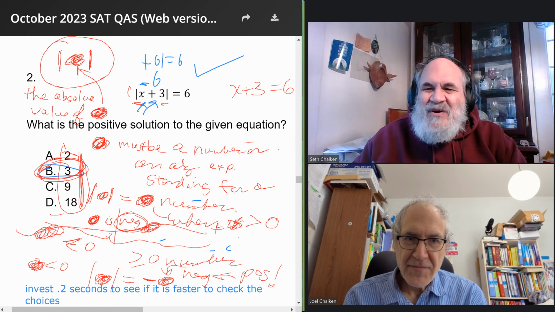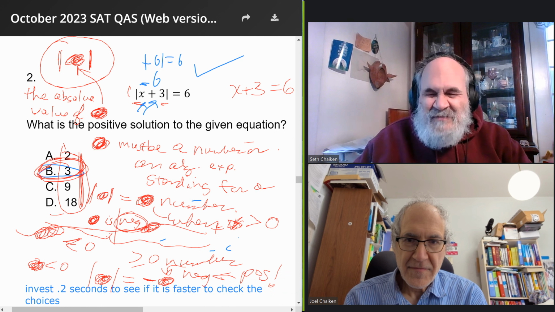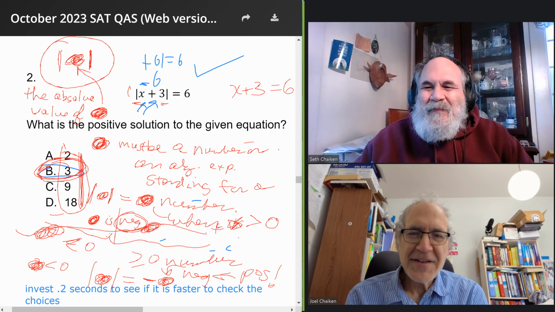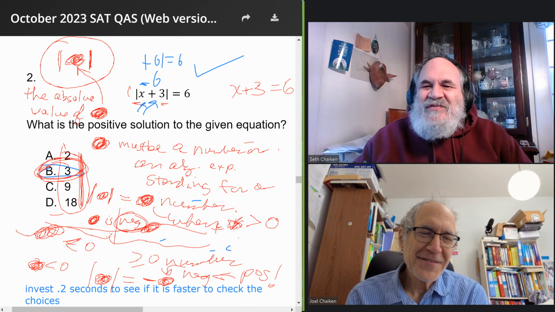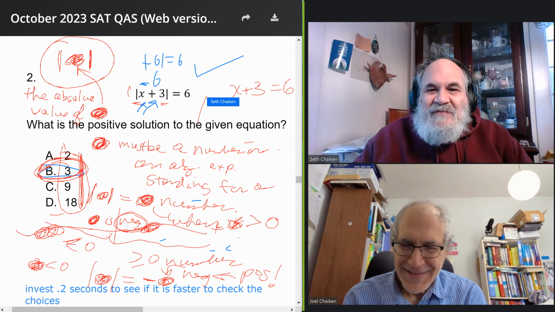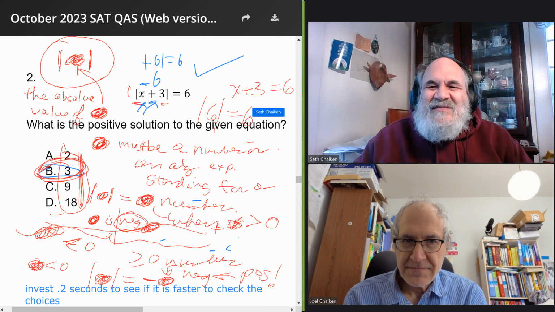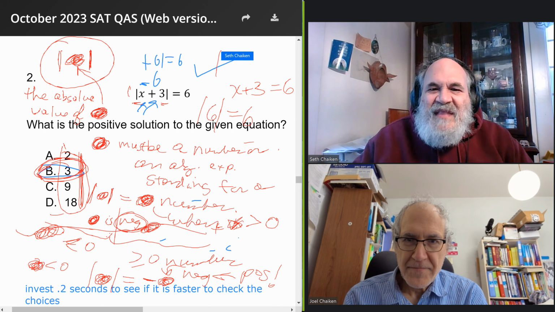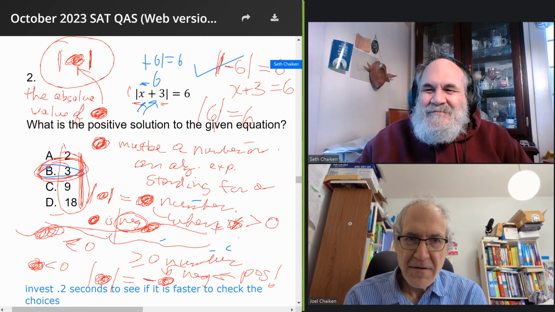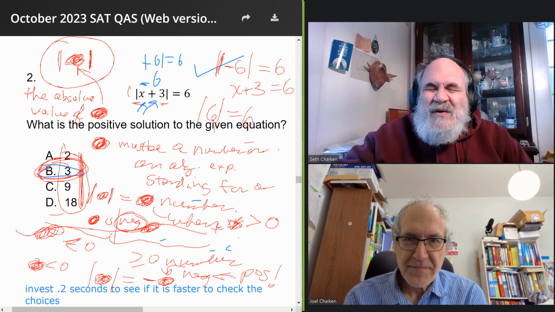For example, the absolute value of 6 is 6, since 6 is positive. The negative case, the absolute value of negative 6 is 6. I hope we explained that.